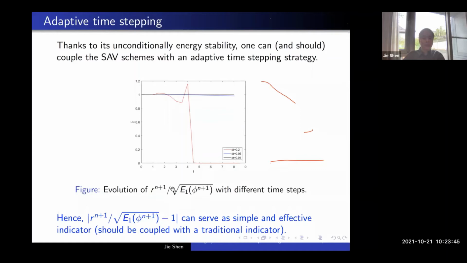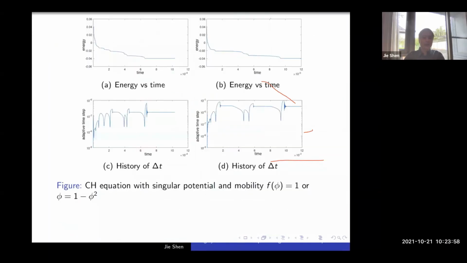So this ratio is just one indication of whether your time step is sufficiently small. And if you combine it with another time stepping strategy, then you can get a very efficient scheme. So here's a very complex simulation of Cahn-Hilliard equations. This is the free energy, and during the evolution, there are many sudden energy drops.